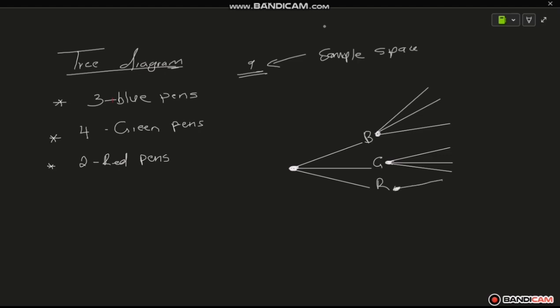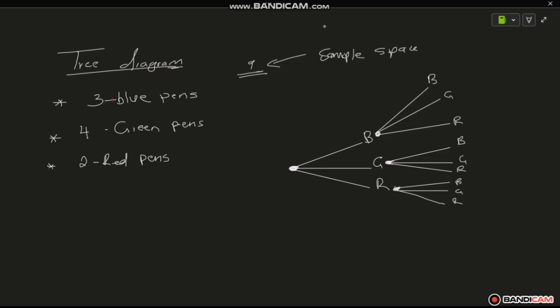Also the red one. All right, so we write B here, green, red, and write the red BGR. So this is the type of our tree diagram, but we're not done because we must put that information in this tree diagram.